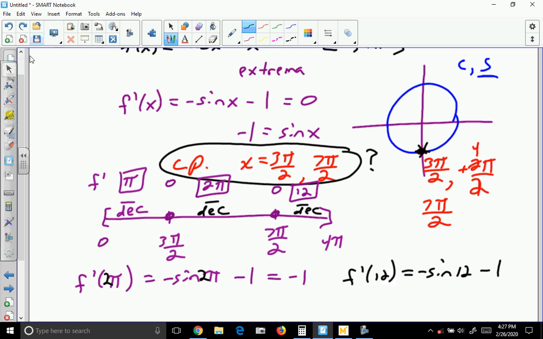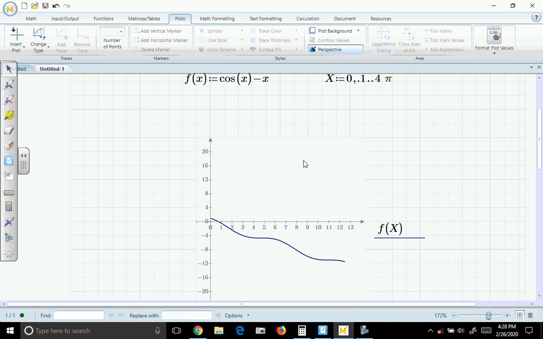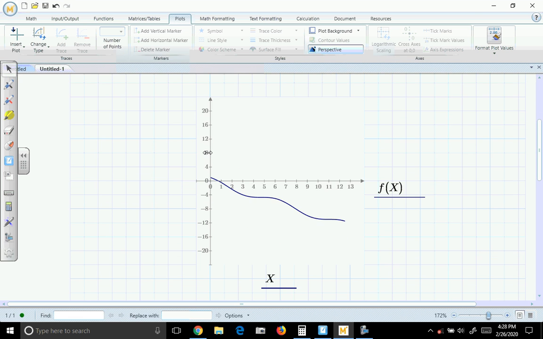So I went and looked at MathCAD just to check and make sure. If we look at this, we're decreasing here, our slope is 0 here, we're decreasing here, our slope is 0 here, and then we're decreasing here. So let's pull up MathCAD and take a look. Notice I graphed this from 0 to 4 pi, and on that entire interval, we're going down.